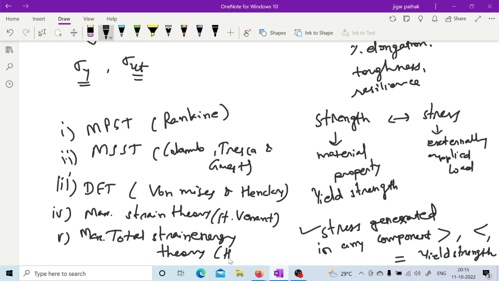So these are the various theories. From these, we are going to focus on three for now: maximum principal stress theory, maximum shear stress theory, and distortion energy theory.